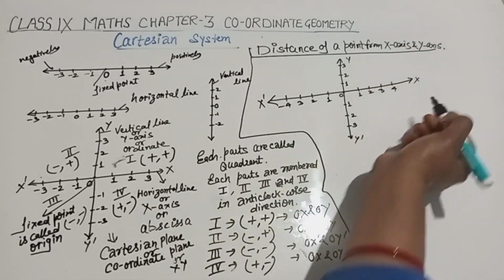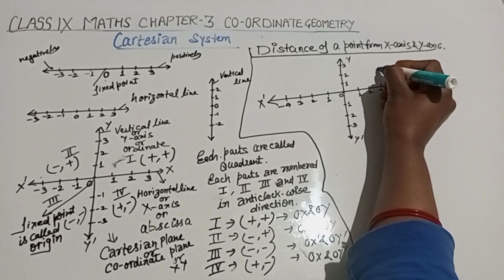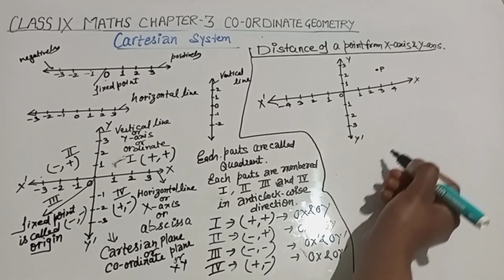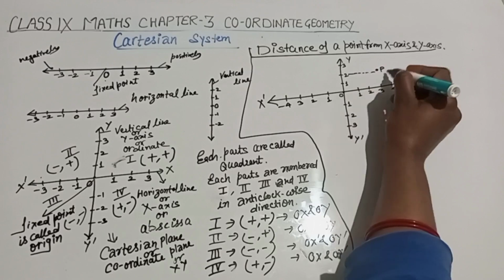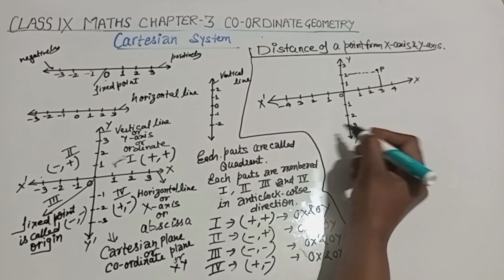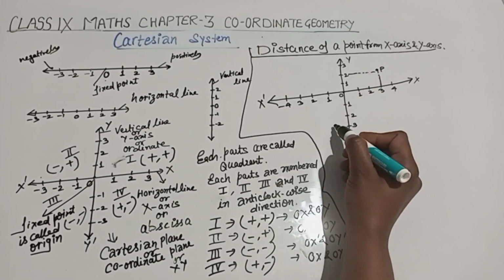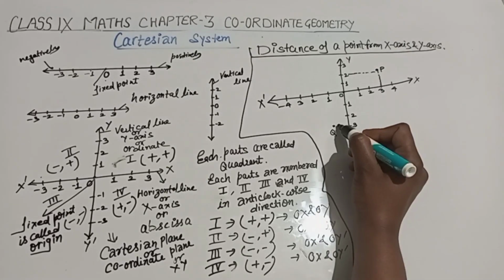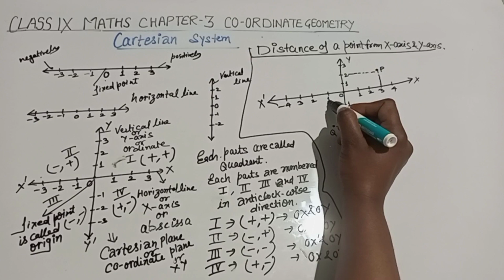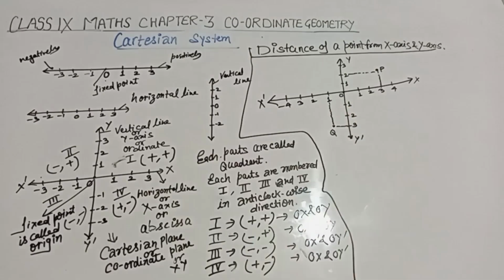Now here is point P, and next here is point Q. So we have point P and point Q.